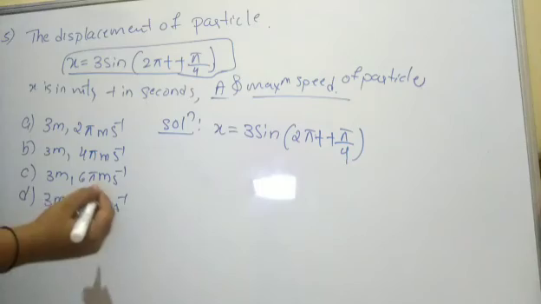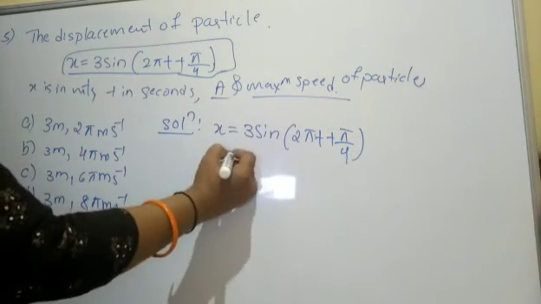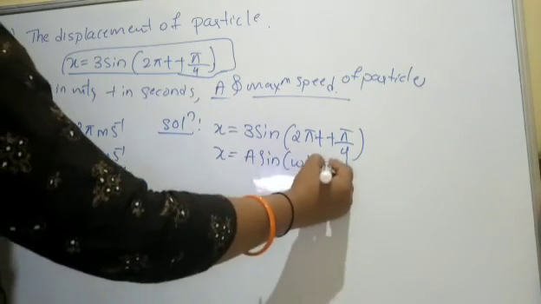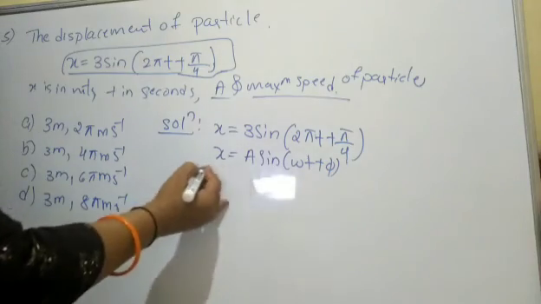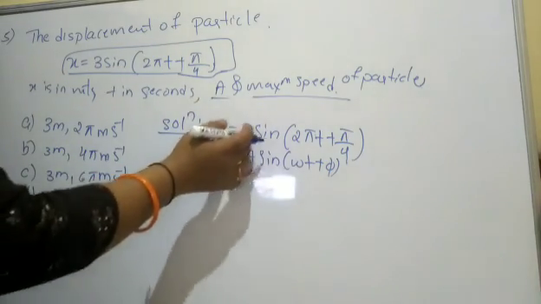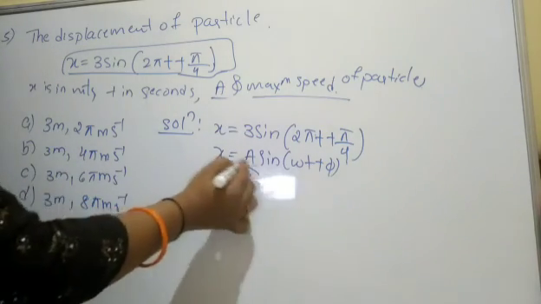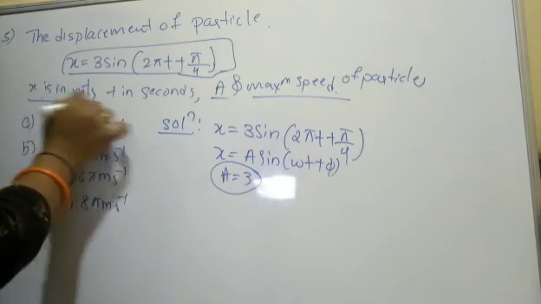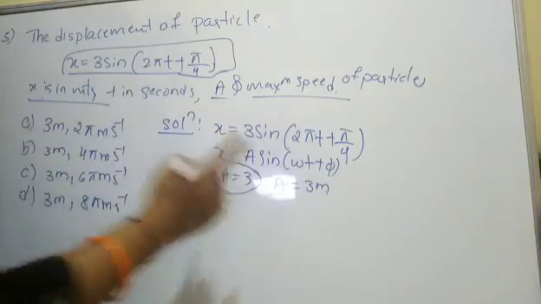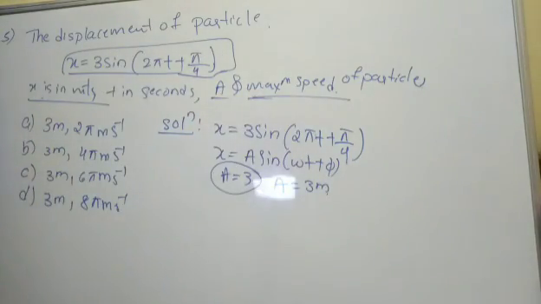The general equation of a particle is a sine omega t plus phi. So it looks like the same general equation. That means the amplitude is 3. So we got the first part: the amplitude is equal to 3 meter. Next we need to find the maximum speed here.